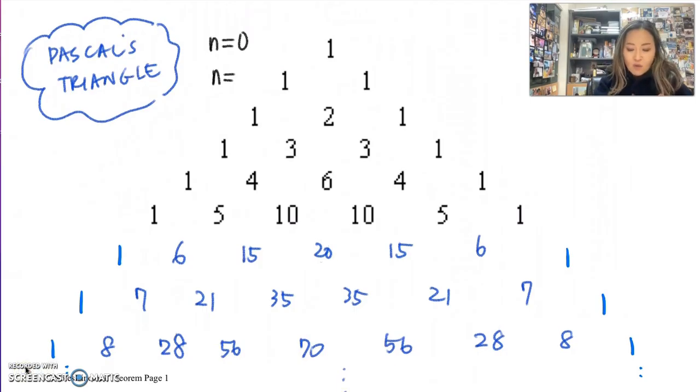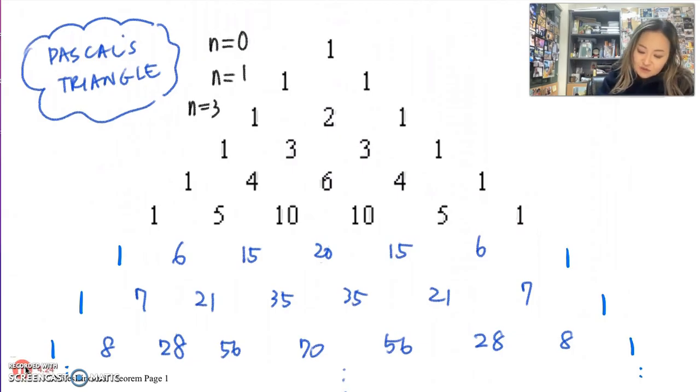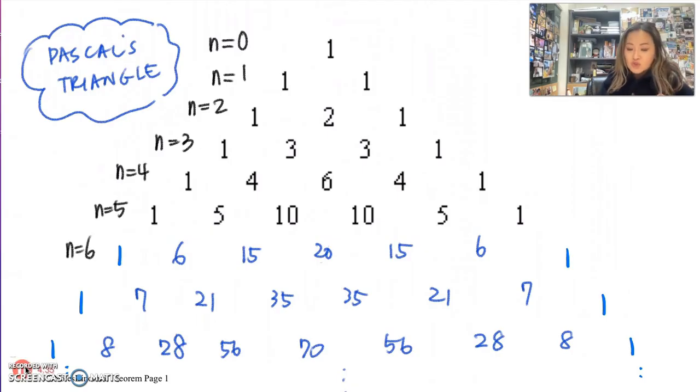This is row 1, row 2, row 3. I keep skipping the 2, right? Row 2, row 3, row 4, row 5, and this only makes sense if you start at row 0 is my point. Let's highlight the row 0, right? It only makes sense if the row is 0 there.